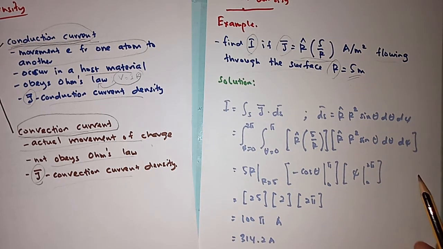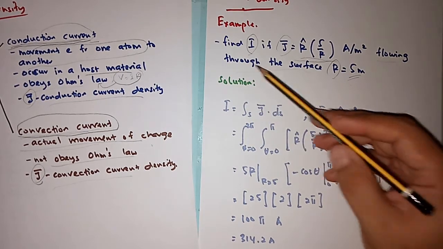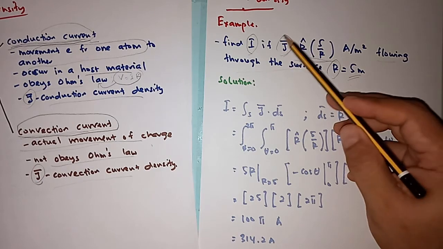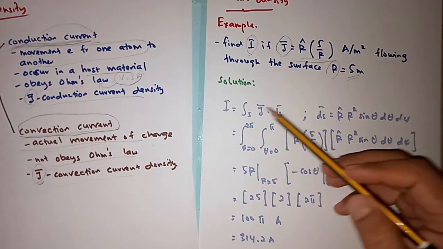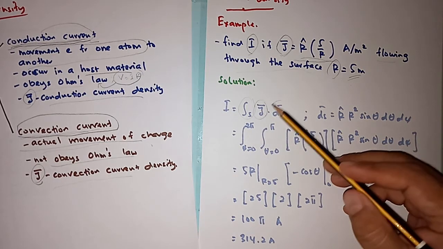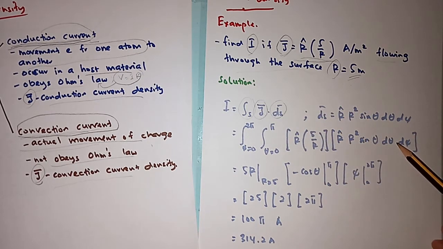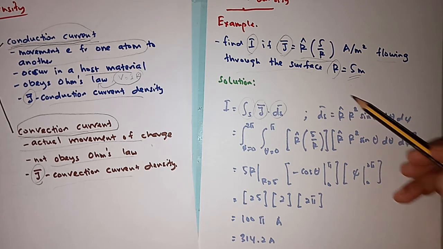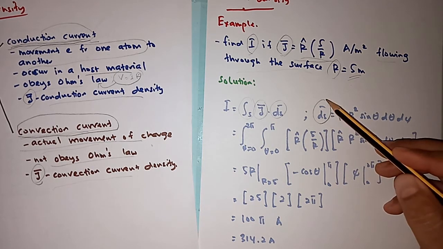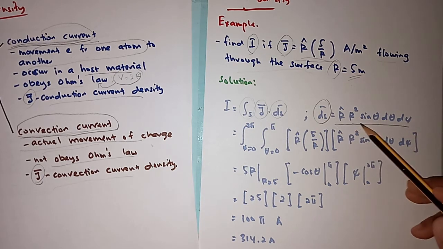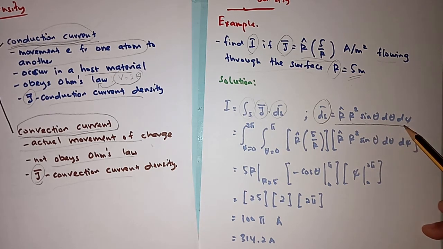In order to solve this problem, we need to integrate this vector by using the surface integration, vector J dot vector ds. In this case, because we deal with the spherical coordinate system, the vector ds is represented by this equation: r cap r squared sine theta d theta d phi.